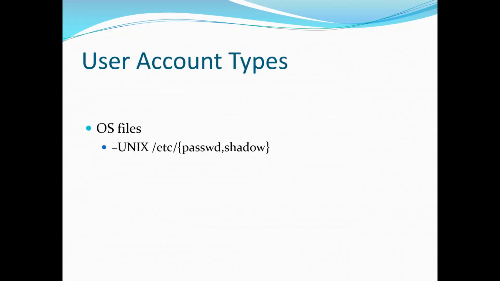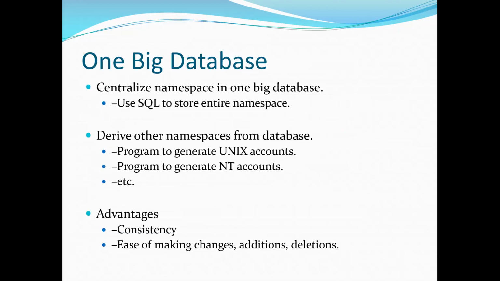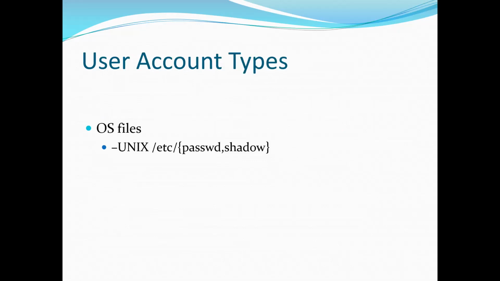All right, so now let's take a look specifically at Linux user account management. User account types in Unix: how are user accounts governed? Well, you have two files, the password and the shadow file. Everything that relates to the namespace of user accounts in Unix is governed by the passwd and the shadow files.